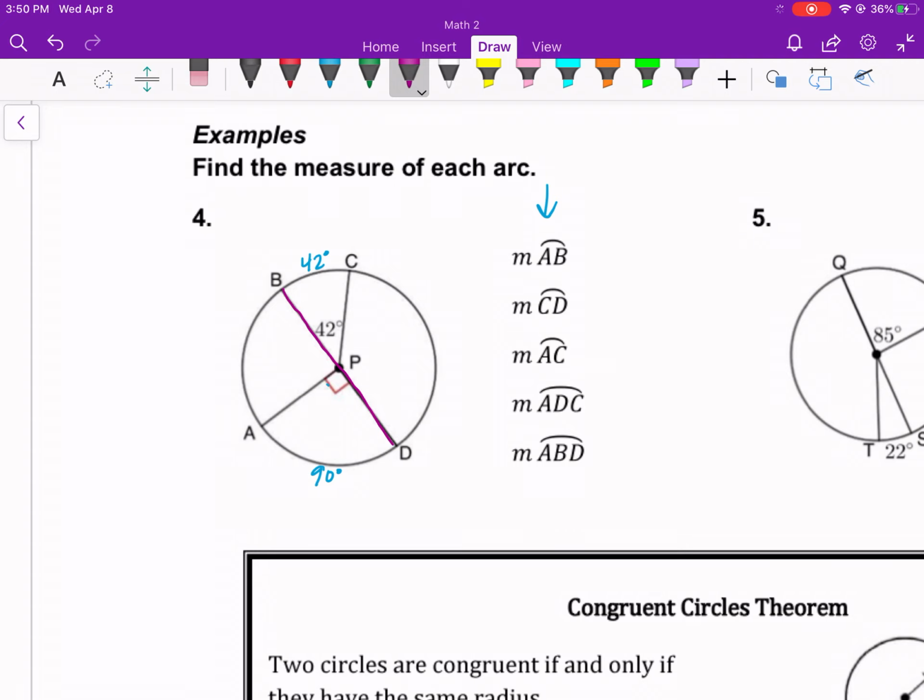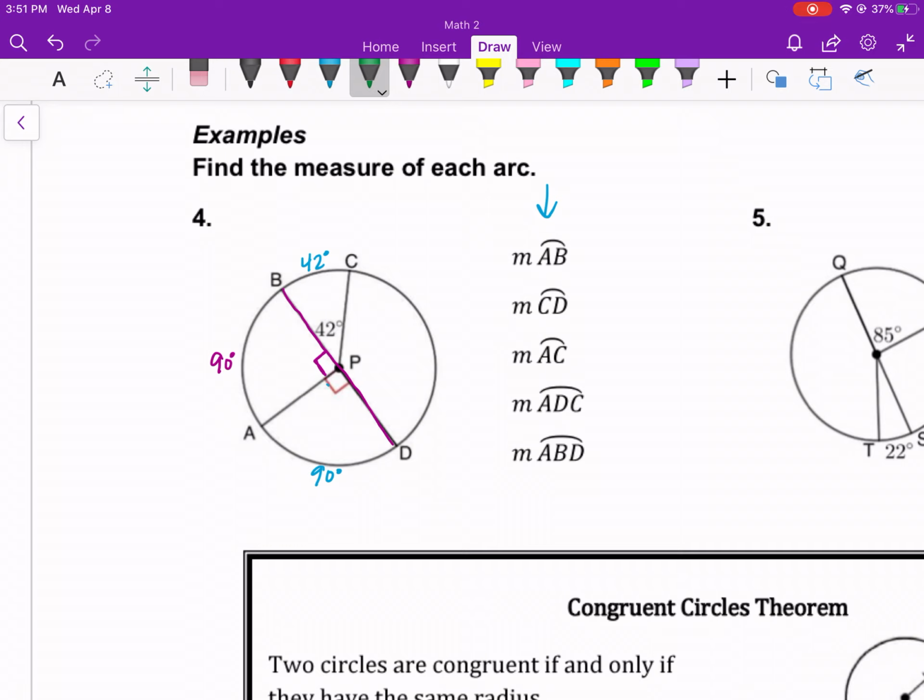So that means arc DAB is actually a semicircle. And if you have one right angle on one side, you have a right angle on the other. So they're both perpendicular, which means this is also 90 degrees right here. Which leaves us to our last arc, minor arc CD, which we've got to find.